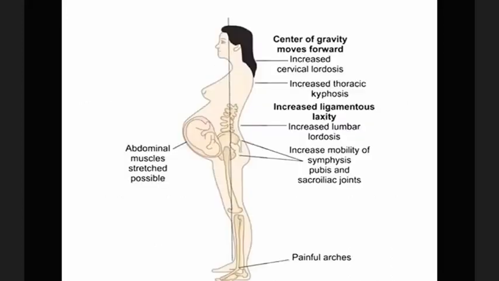Okay, so see, abdominal muscles will stretch and increase mobility of the symphysis pubis and sacroiliac joints. All these effects occur, and they finally come to us with all these pains, and we can't treat.